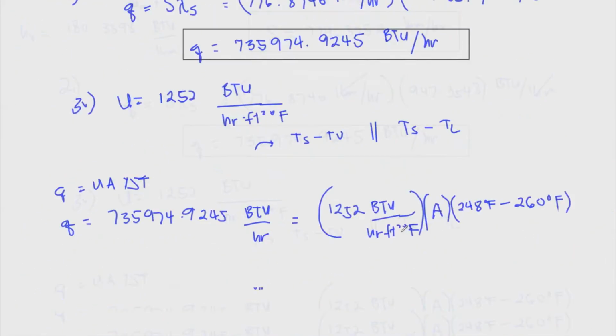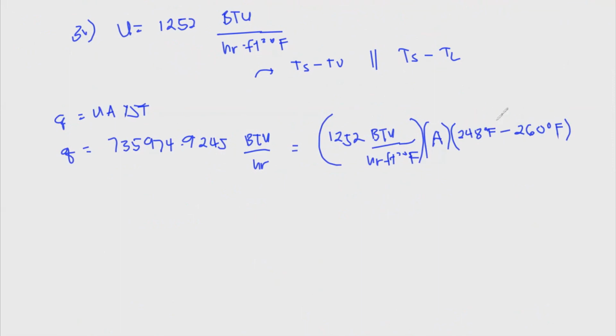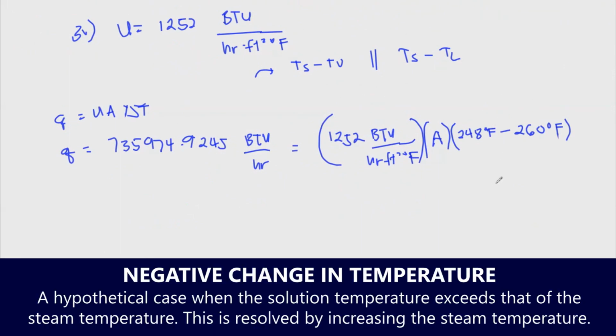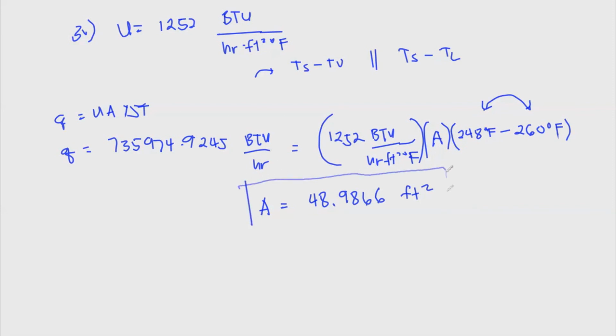So we already obtained this delta T. For such cases, when the temperature gradient becomes negative because of the difference between the steam and the liquor, you should interchange this so that you get a positive answer. So in that way, I will be able to get an answer in terms of a positive value. So the answer is 48.9866 feet squared.